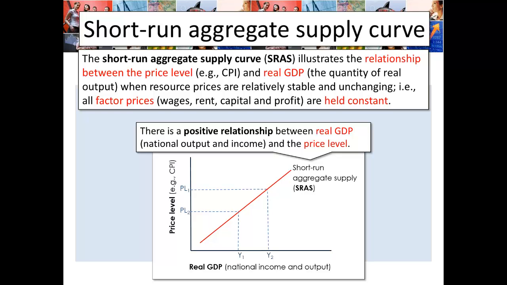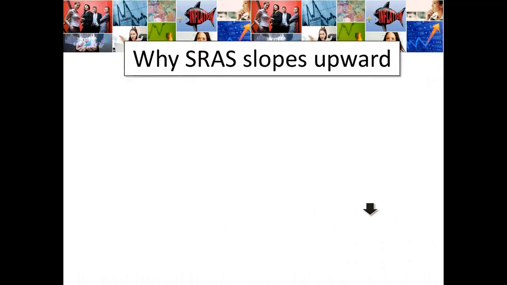Obviously there's a positive relationship between real GDP and the price level. As the price level increases, so too does real GDP. So we know from that as the price level increases, firms start to produce more goods and services. And you can probably have a pretty good guess as to why this is.